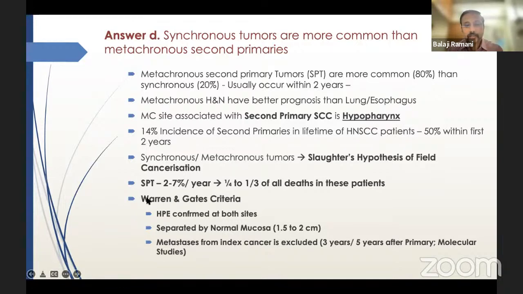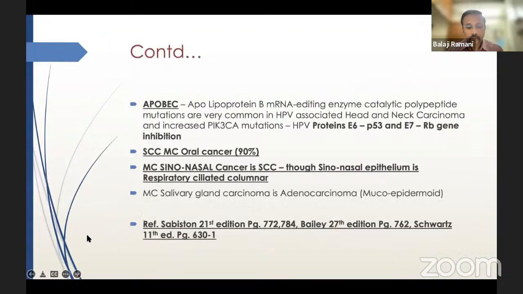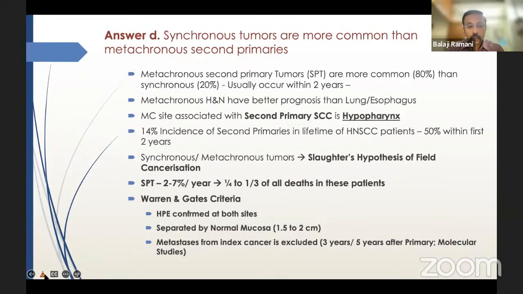Now there is some criteria mentioned in Schwartz called the Warren and Gates criteria, which is important, and which I have listed here in the slide. The pathology should be confirmed at both the sites, and there should be a separation by normal mucosa of around 1.5 to 2 centimeters.